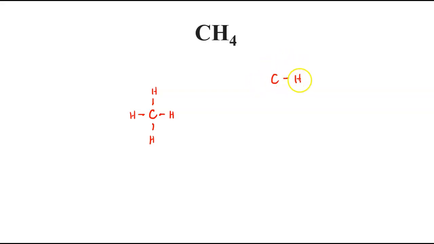Carbon and hydrogen are not the same atom, and so for that reason, they don't have the same electronegativity. And if you look at your electronegativity chart, you will recognize that carbon is more electronegative. For that reason, this is more electronegative.